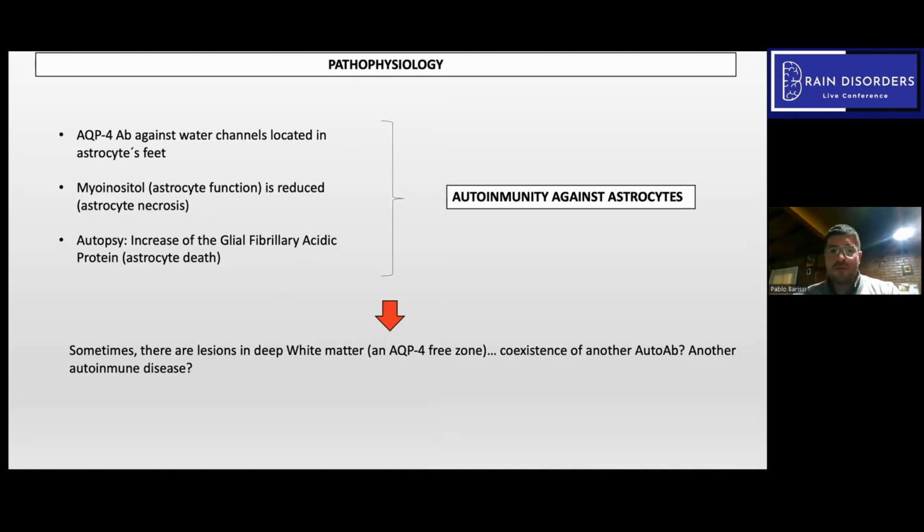To sum up, autoimmunity against astrocytes. And sometimes there are lesions in deep white matter, which is an aquaporin-4 free zone. So it could be the coexistence of another autoantibody or another autoimmune disease different from NMO. We don't know, so it could be any of these.